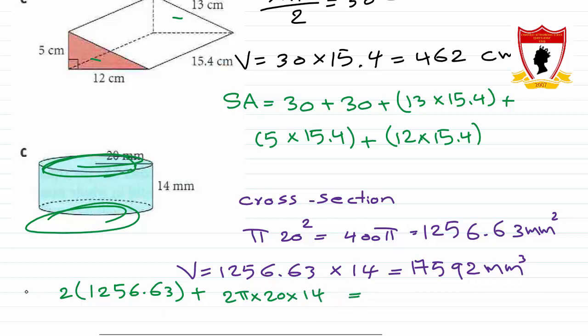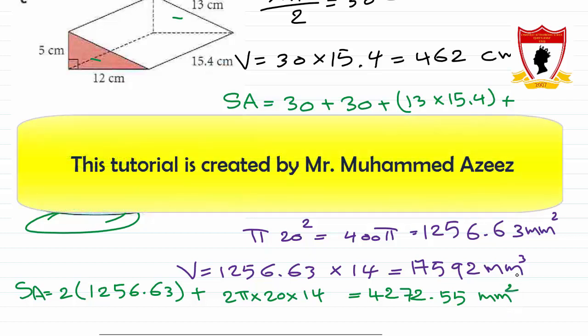And finally, the surface area of the cylinder is equal to 4,272.55. Since this is surface area and they are in millimeters, area is always in square units. Volume is always in cubic units.